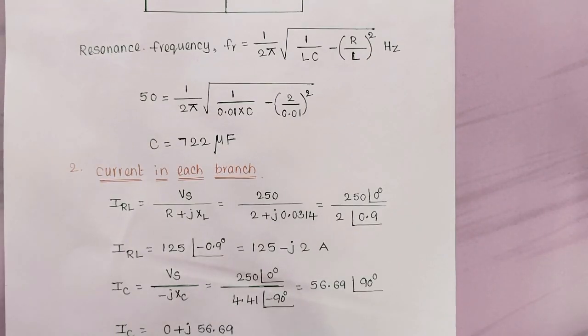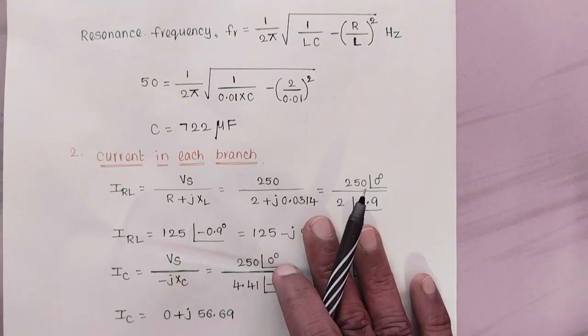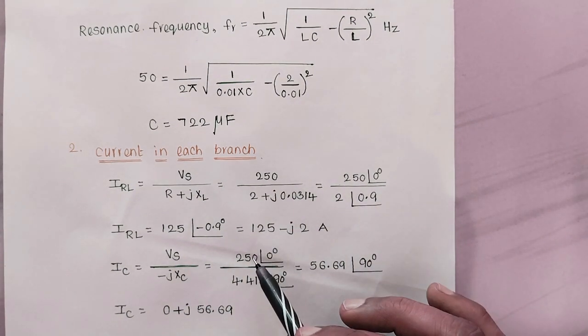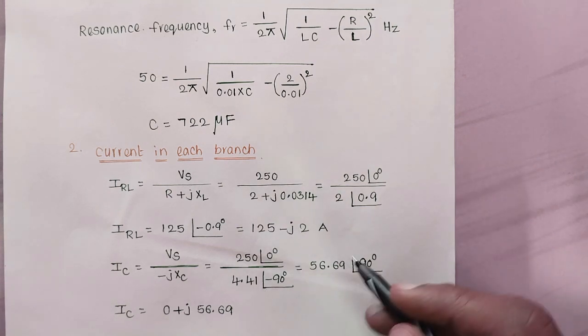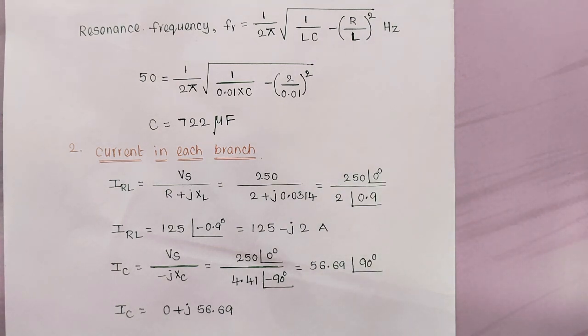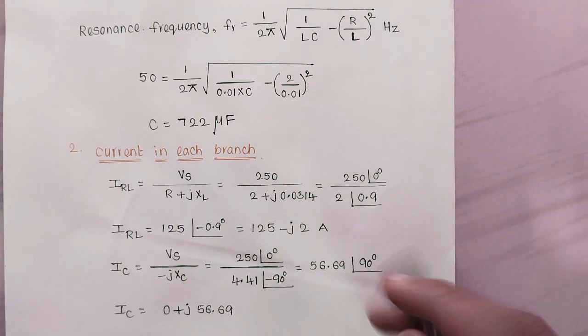Similarly, IC is equal to Vs by minus jXC, which is 250 volts at an angle of 0, divided by XC, which is 4.41. Converting into polar coordinates, 4.41 at an angle of minus 90 degrees, which gives 56.69 at an angle of 90 degrees.